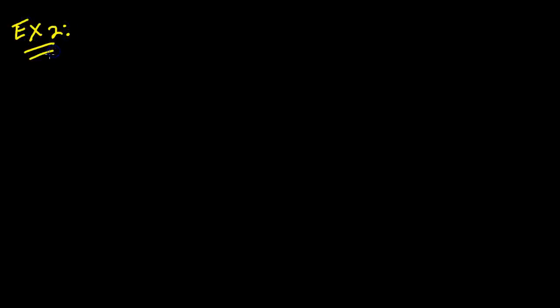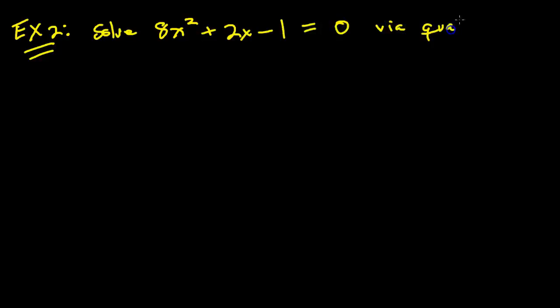All right, I'm not going to solve this one by factoring now that we've convinced ourselves that the quadratic formula does indeed work. I'm going to solve this degree 2 equation, 8x squared plus 2x minus 1 equals 0, by way of the quadratic formula.